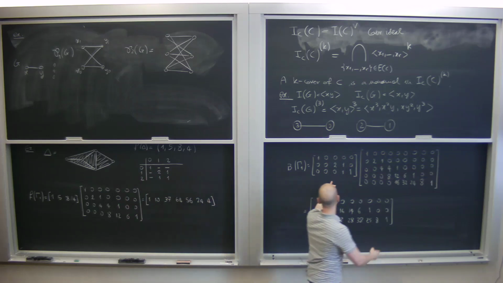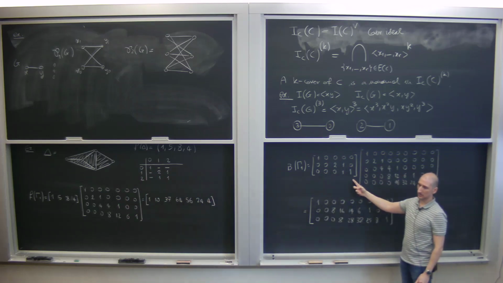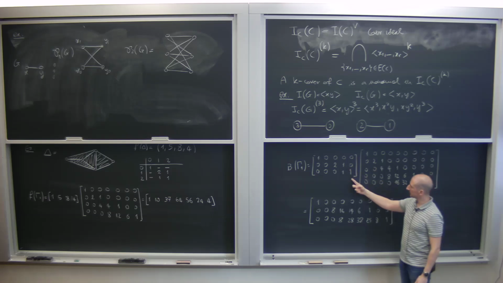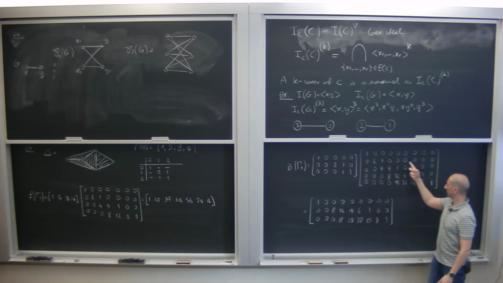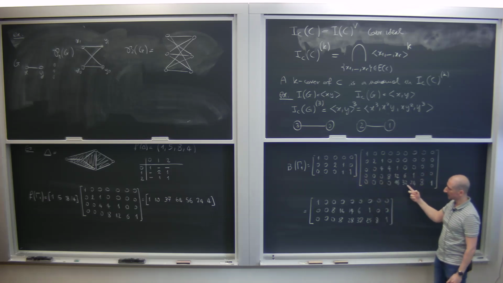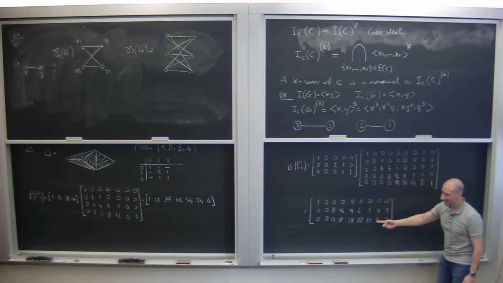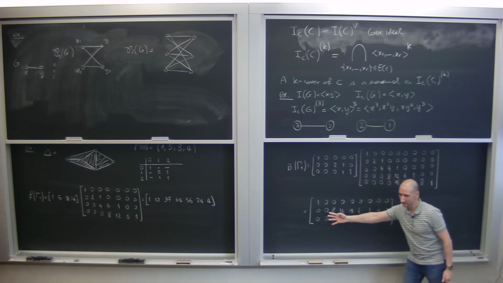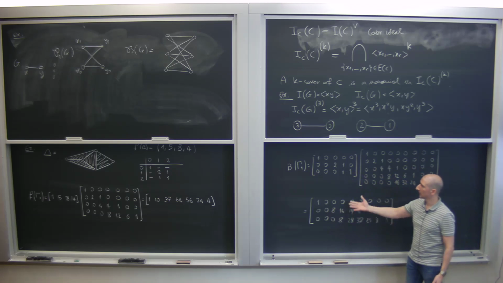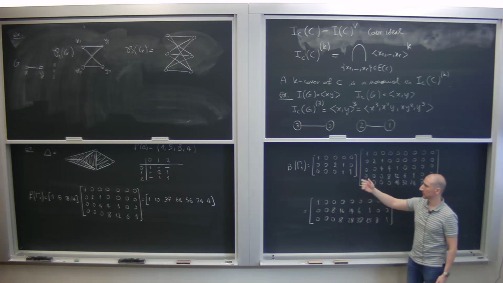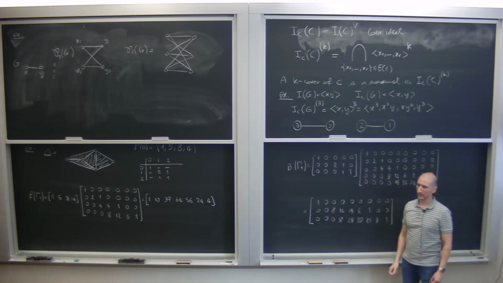And you get a matrix that looks like this. But then if you have this matrix and you multiply it with this lifting matrix of the appropriate size, then you get a matrix. And if you push the rows back in the right place, then you get the Betti table of the first order principal jets for the Stanley-Reisner ideal of delta.